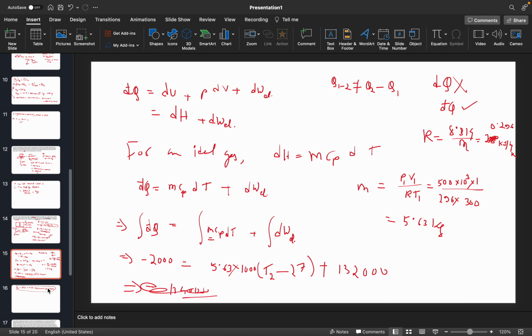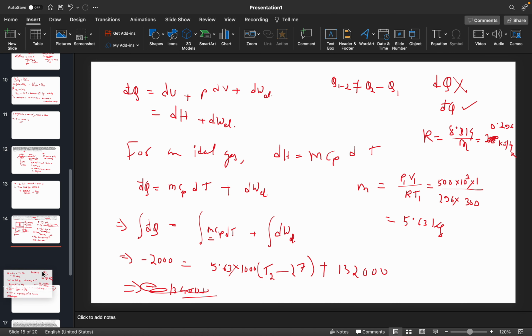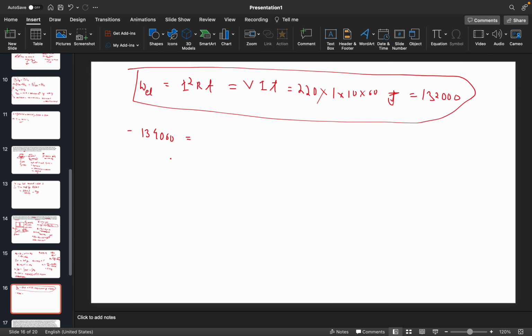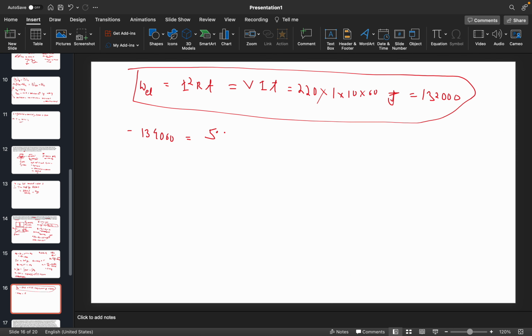So here I have got negative 134,000, that is equal to 5.63 into 1000 and is equal to T2 minus 27.